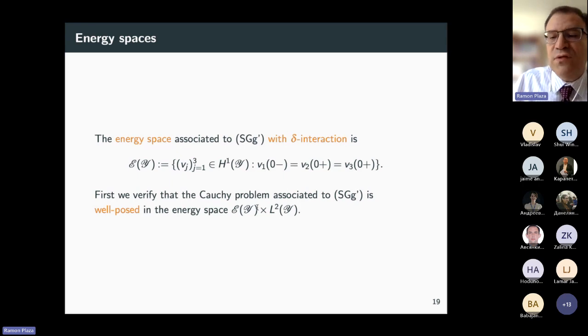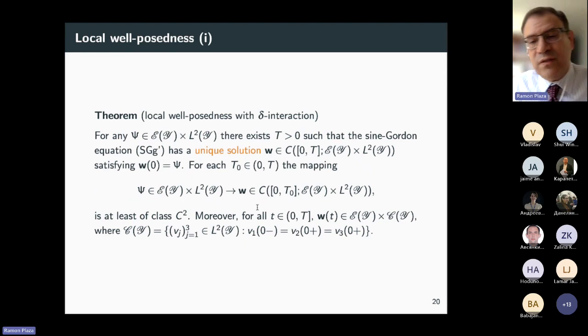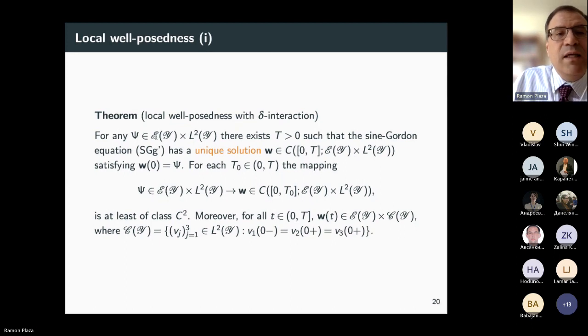So this is the first result, which is the local well-posedness of the sine-Gordon model on a Y-junction graph with delta interaction type at the vertex. For any initial condition in the energy space, E cross L2, there exists a local time such that the sine-Gordon equation has a unique solution with this initial data.